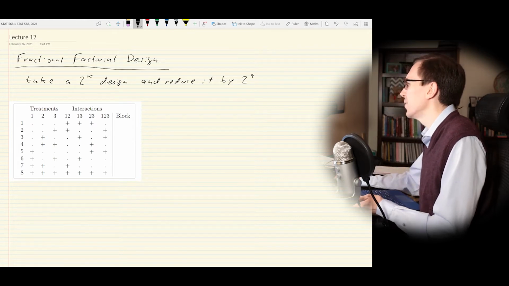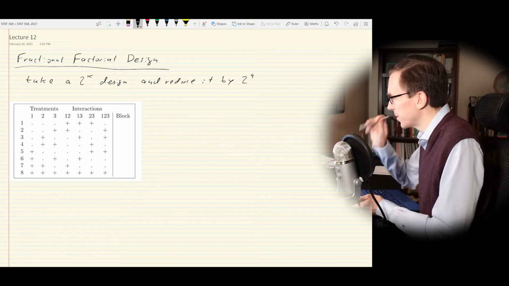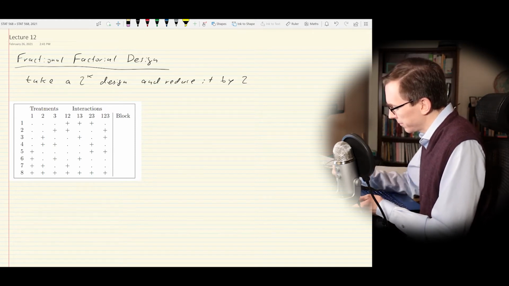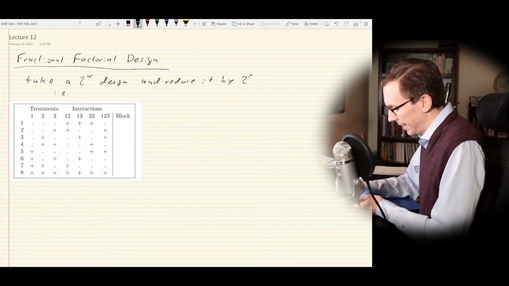I think I was using q, or no, p. It was the notation I was using in my notes. I.e., cut it in half, p times.